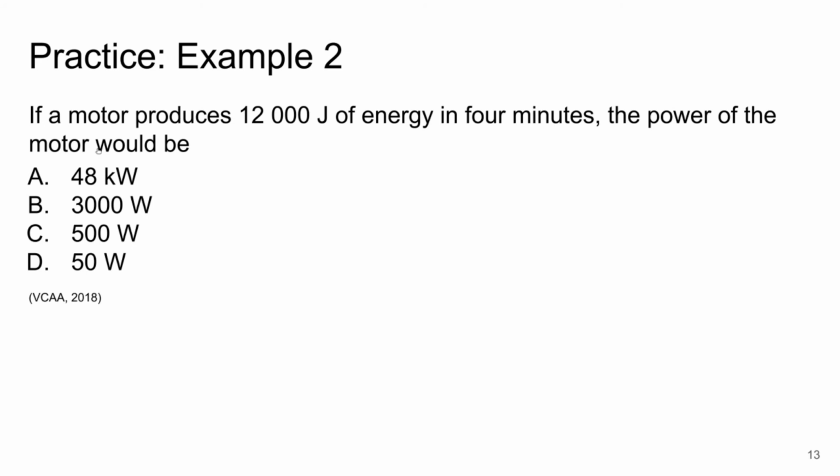Next practice example, we have a motor that produces 12,000 joules of energy in 4 minutes. And we are asked to calculate what the power of this motor would be. So please pause the video at this point and try and work through the problem and press resume to see the solutions.